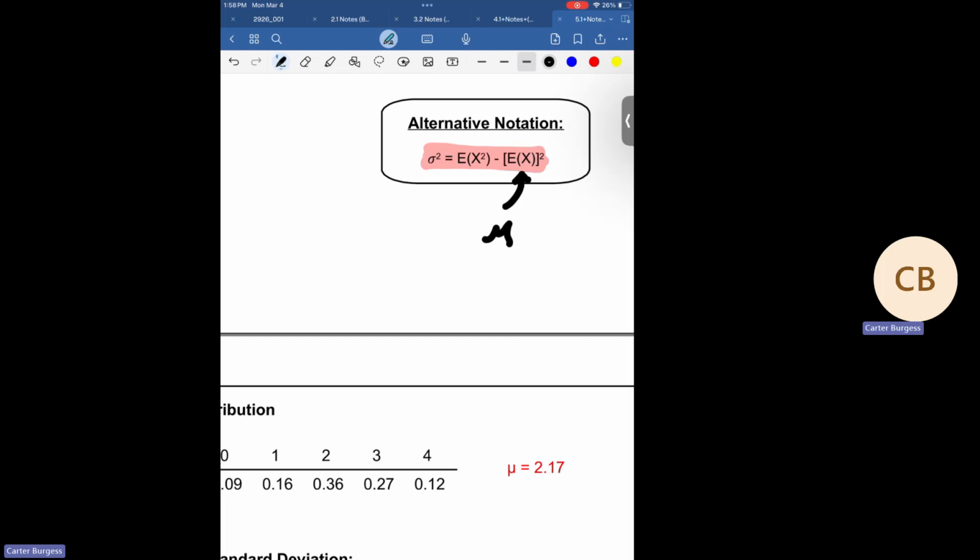So we are subtracting away the squared mean. And the way that we're going to find the expected value of the x squareds is pretty much exactly the same as the way that we find the expected value, except instead of multiplying by the x's, we'll just multiply by the x squareds. Pretty straightforward.